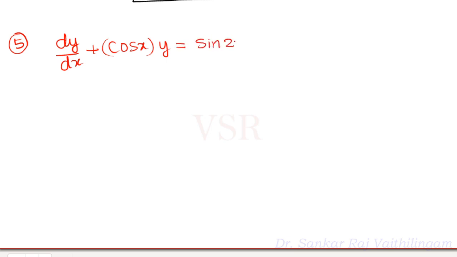So what is the fifth problem? dy by dx plus cos x into y is equal to sin 2x. It is very simple.